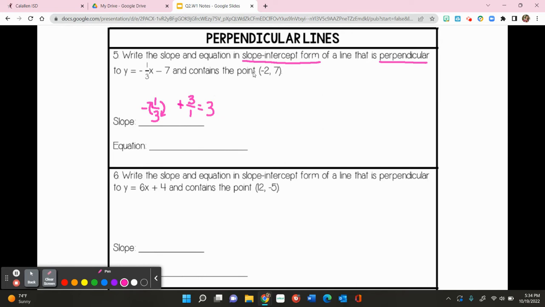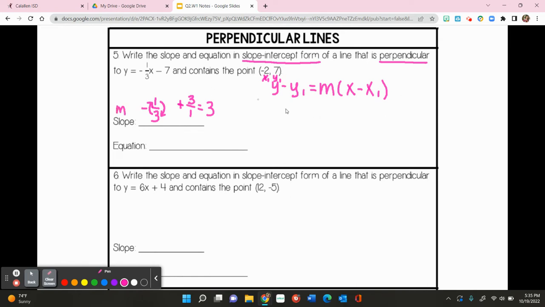I have my slope and I have a point off my line, which means that I can use point-slope form to find my equation, which is y minus y1 equals m(x minus x1). So my point, (-2, 7), I'm going to label as x1, y1, and my slope, again, is 3.